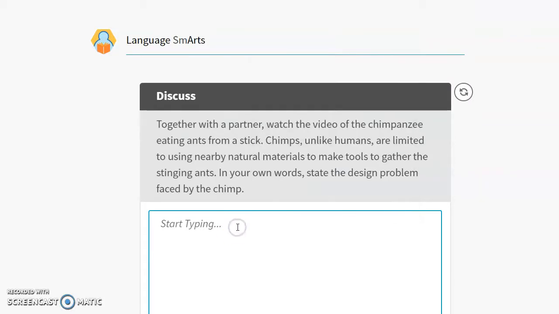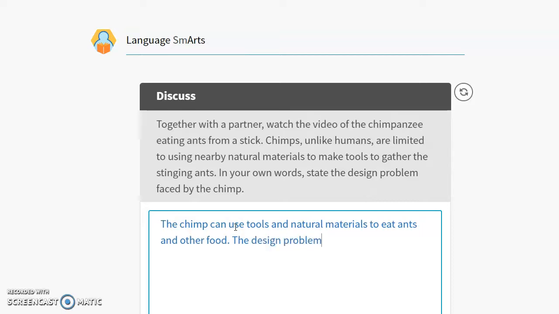What is the design problem faced by the chimp? The chimp can use tools and natural materials to eat ants and other food. The design problem is that they can't make the sticks in a way that gets a lot of ants at the same time.